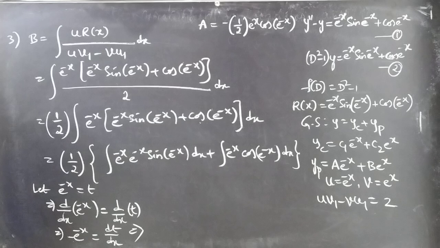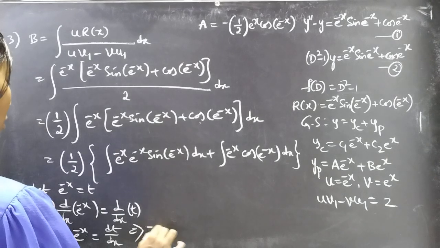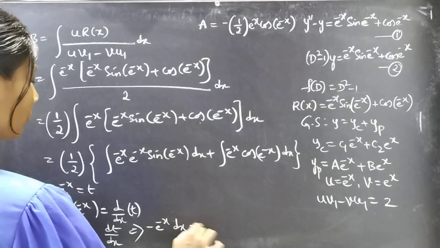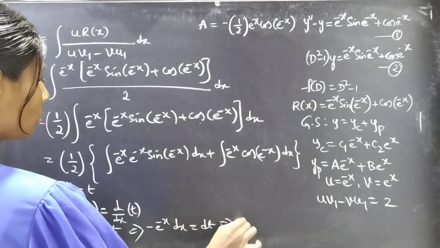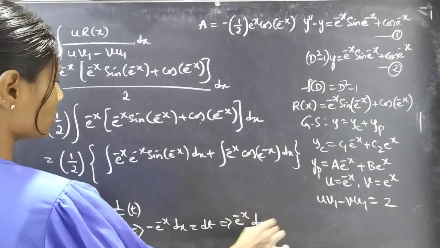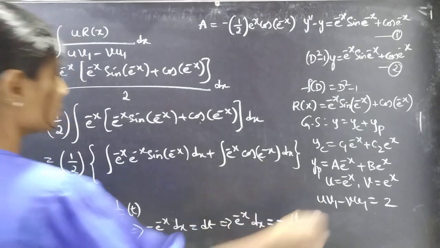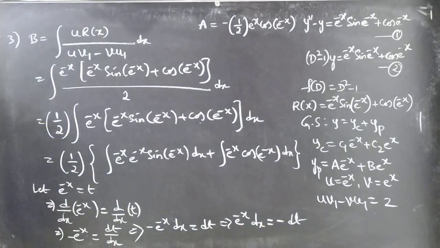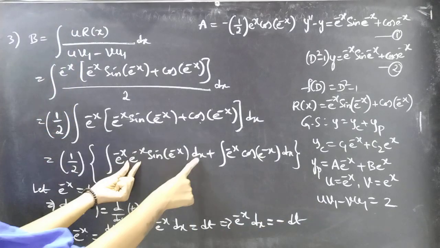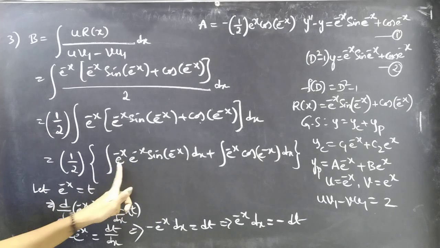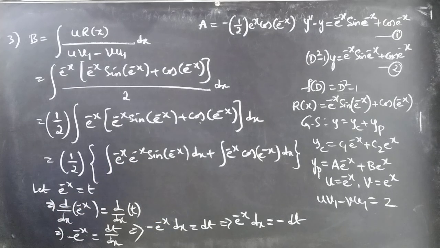Now bring this dx to the LHS, we will get minus e power minus x dx equal to dt, or e power minus x dx equal to minus dt.